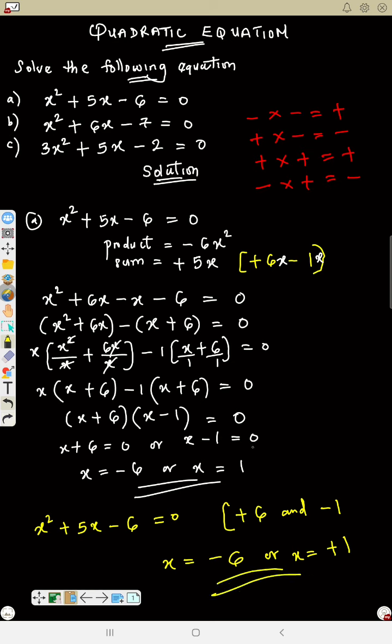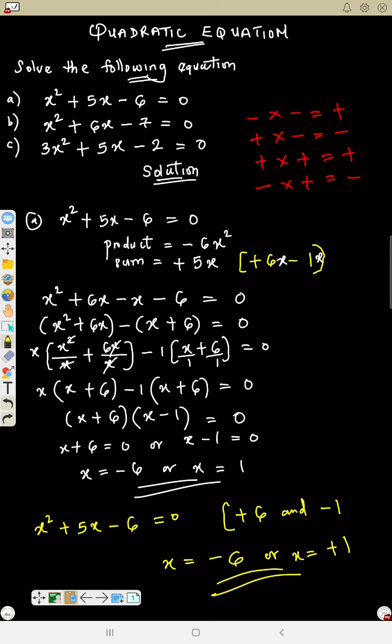If you compare with this, remember 1 is still plus 1. I told you I may not write plus, so it's the same. That means without solving all this process, you can easily use your factors. This your factor is always your final answer. So this your roots is always the final answer.